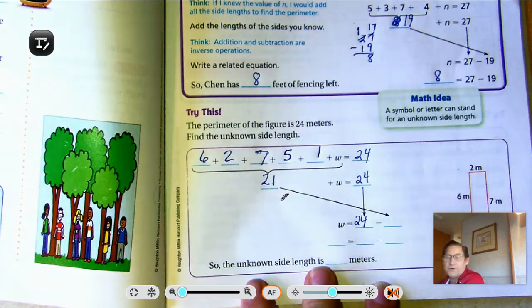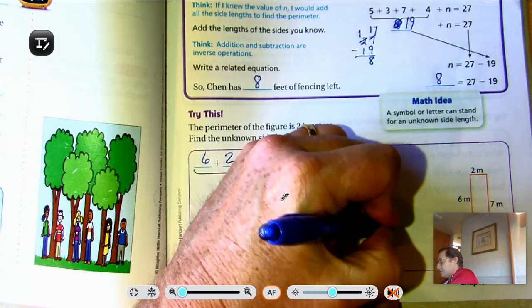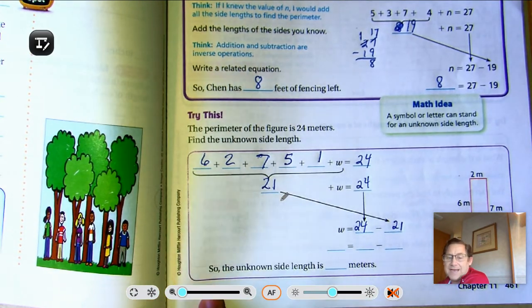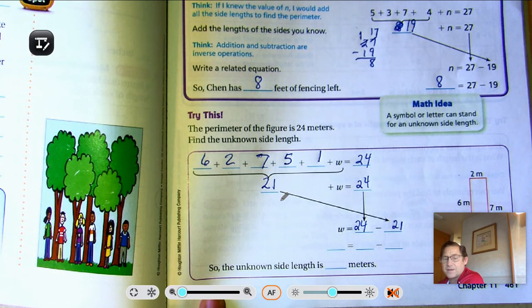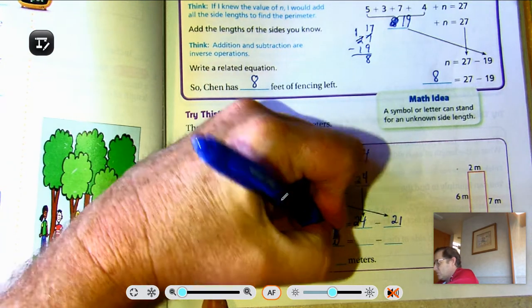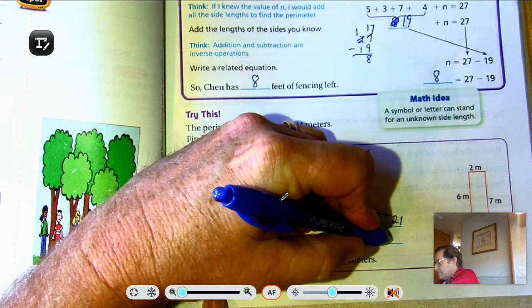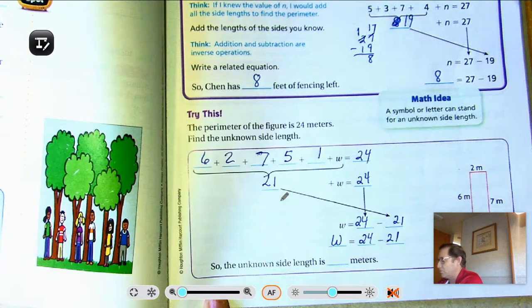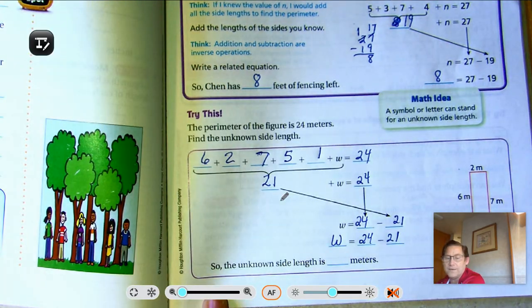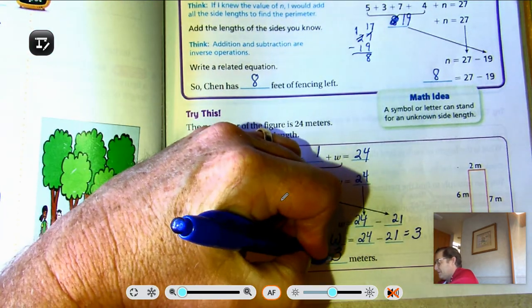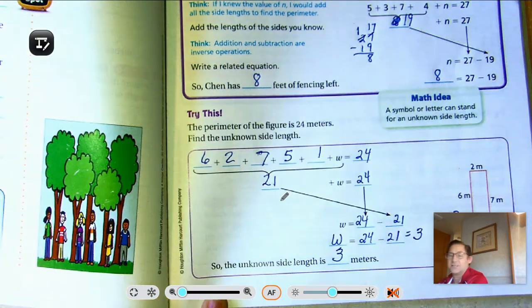So take the perimeter you know, subtract the distance of the sides, and we get that the unknown side equals 24 minus 21, which equals 3. So the missing side is 3.